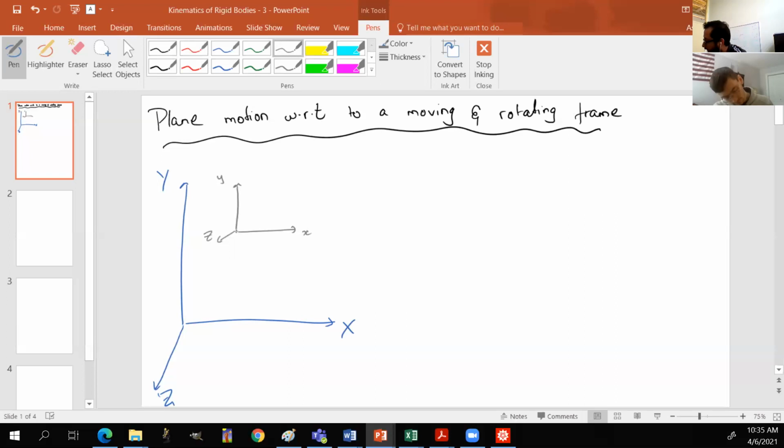Let's say this is the point O. We're looking at some point B on a rigid body.